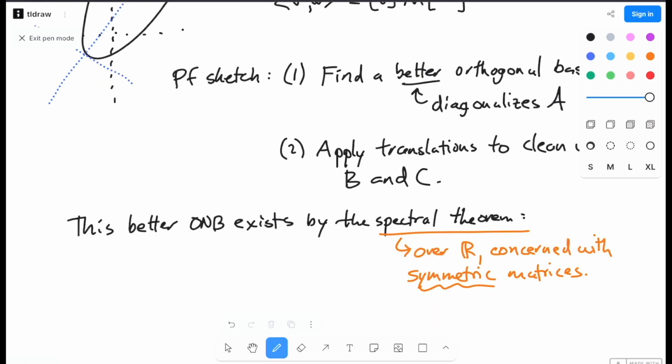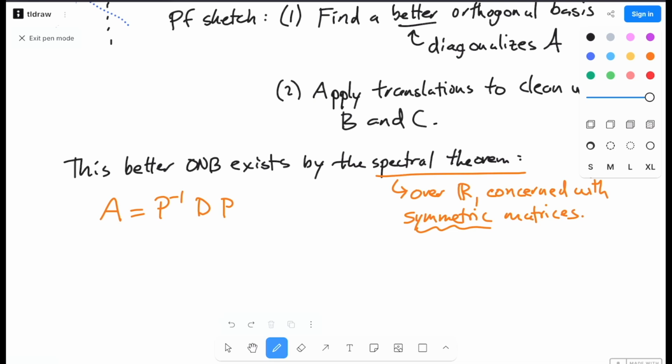So the spectral theorem applies, and what that means is that we have A is equal to P D P transpose, how do I want my thing to be, there. Not just for any kind of P, but crucially for an orthogonal matrix.